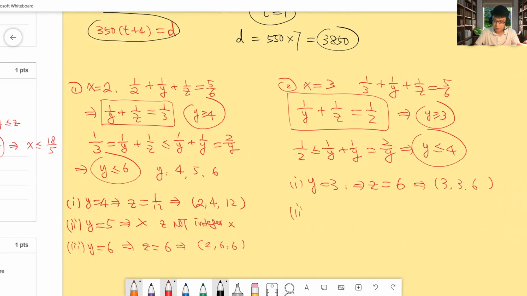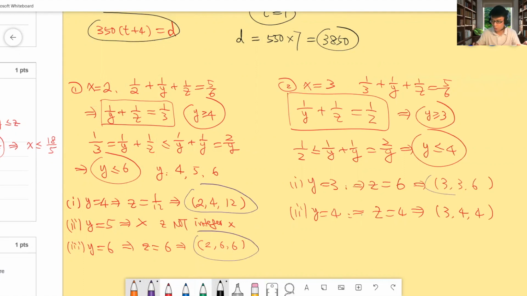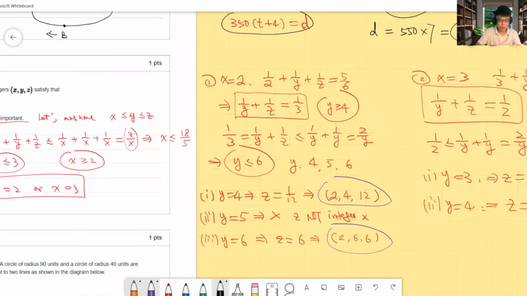And next, y equals 4. Accordingly, we have z also equal to 4. So the solution for x, y, z is 3, 4, and 4. So totally, we have 4 cases: 2, 4, 12; 2, 6, 6; 3, 3, 6; 3, 4, 4. The answer here is 4.